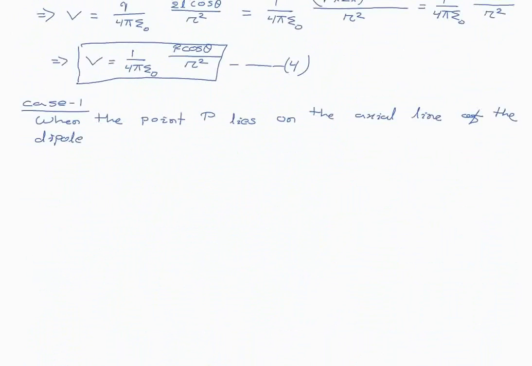So when the point P lies on the axial line of the dipole, that is theta is equal to 0 degree, then in equation 4, cos 0 degree is equal to 1. So cos theta is equal to 1. So equation 4 will be V is equal to 1 by 4 pi epsilon naught, P divided by r square.